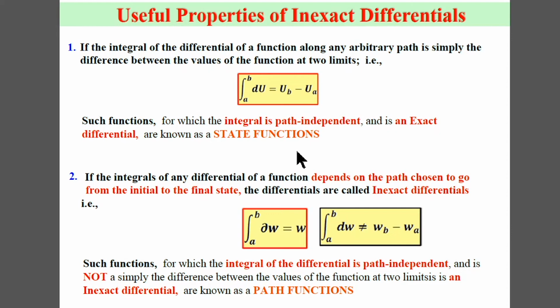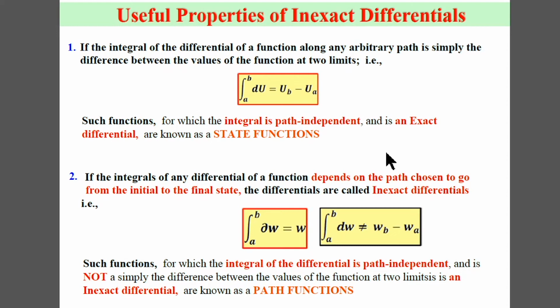That means the total differential for that function is going to be a perfect differential. And if the integral of a differential of a function depends on the path chosen to go from one state to another, the differentials are called inexact.